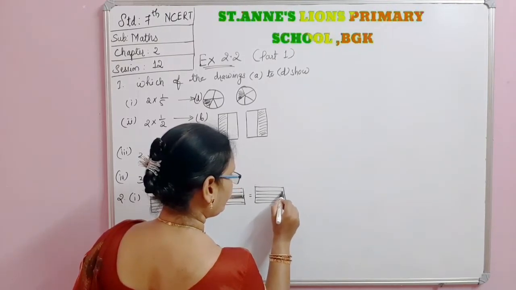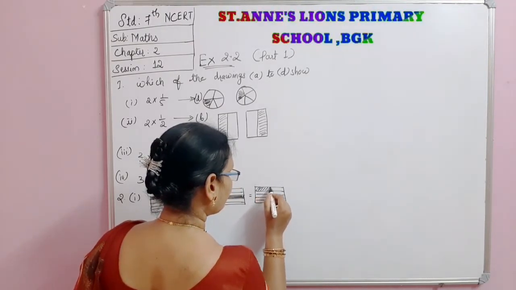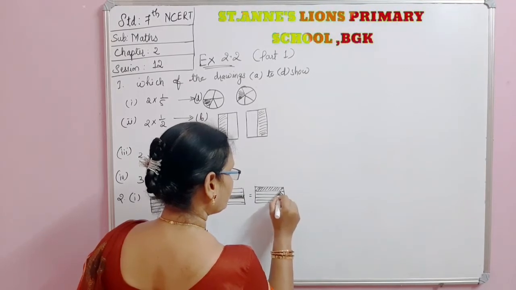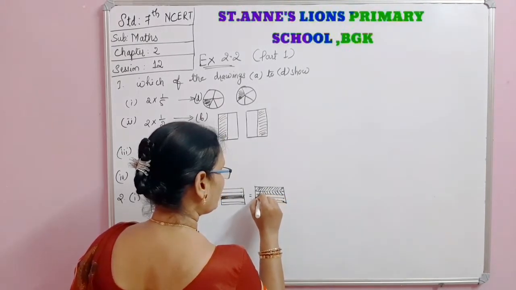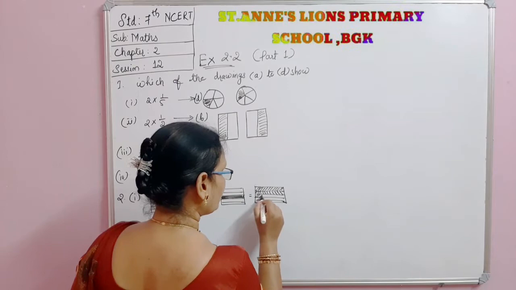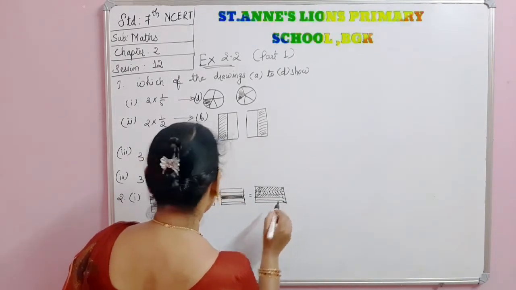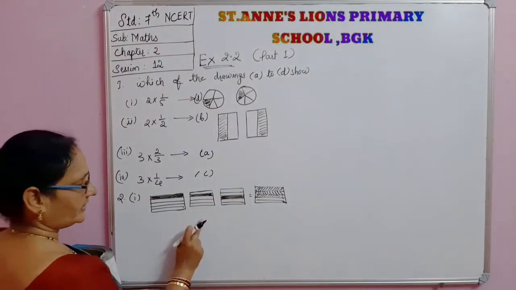See here, this is shaded, this is shaded, and this is shaded. So this is 1 by 5, 1 by 5, 1 by 5.